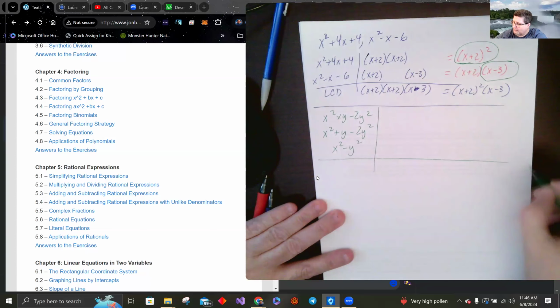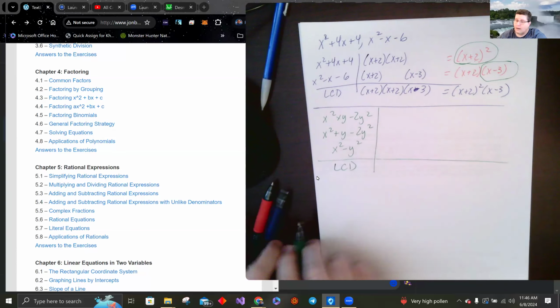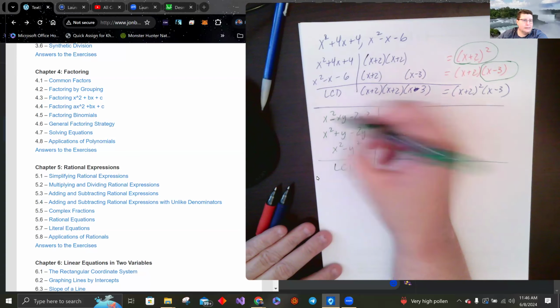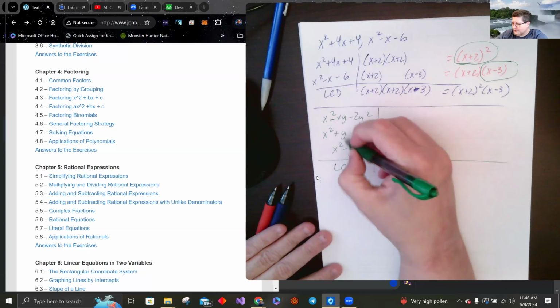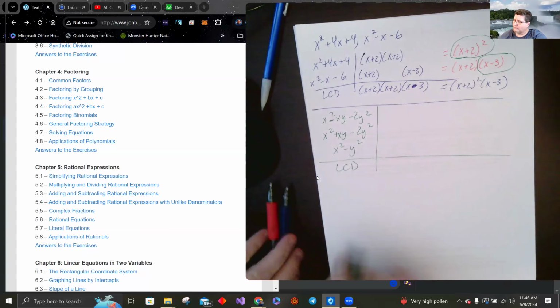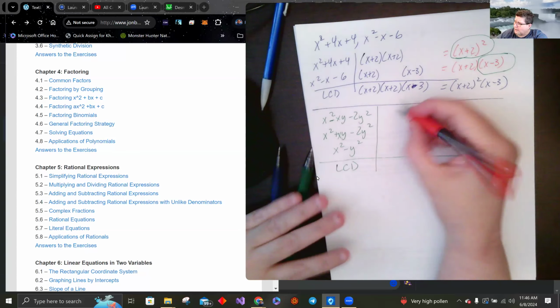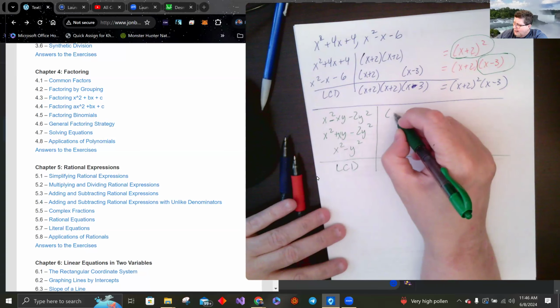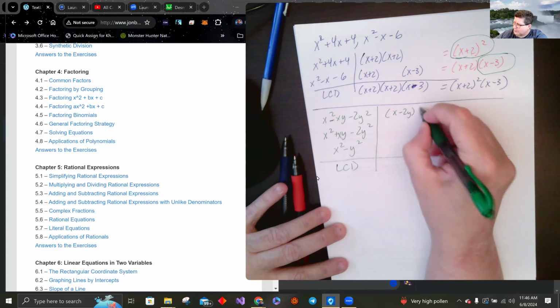That should say minus on this one, and that should have an x right there. There we go. Work that out. This one should give you x minus 2y, x plus y.